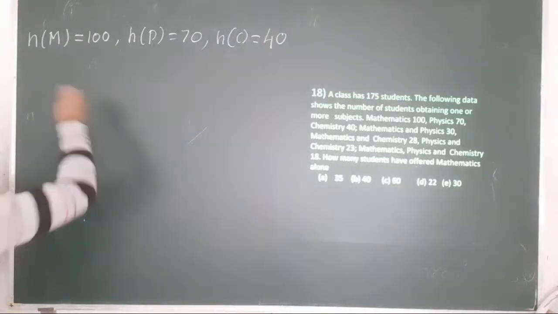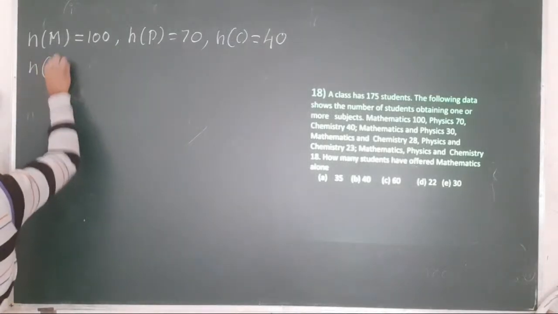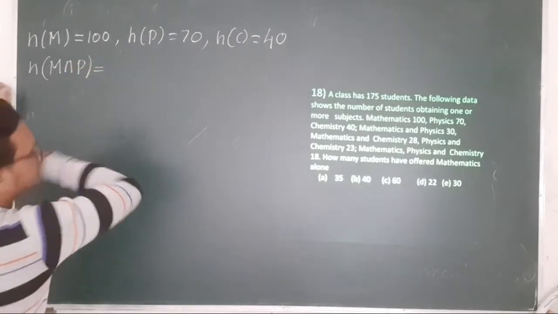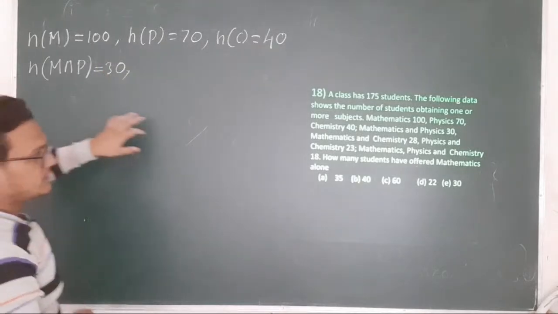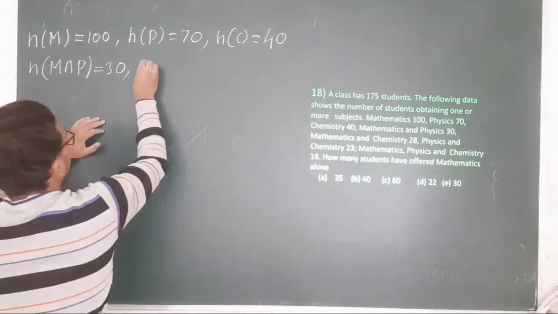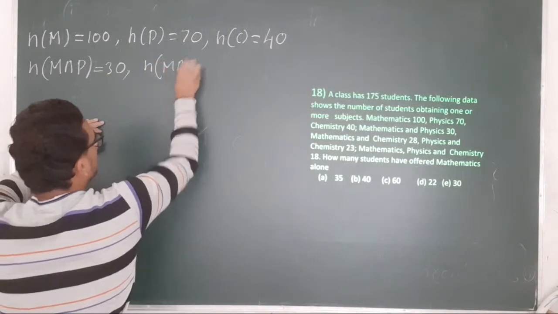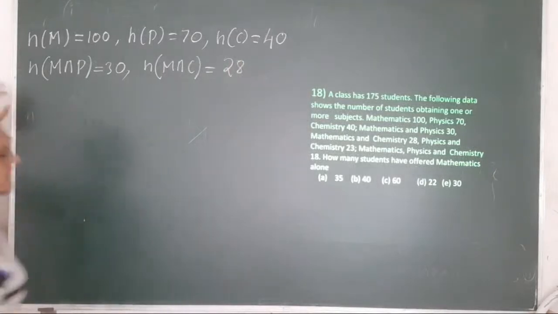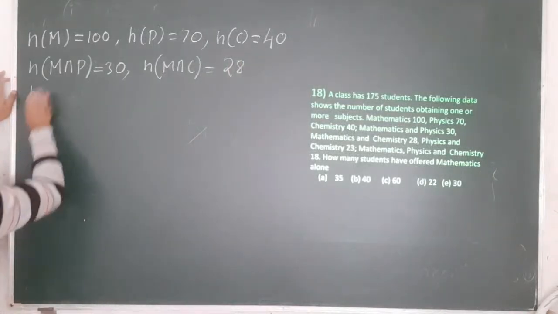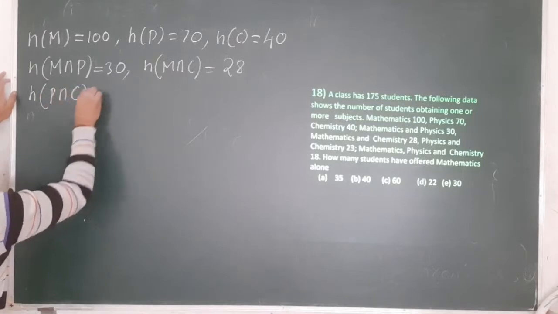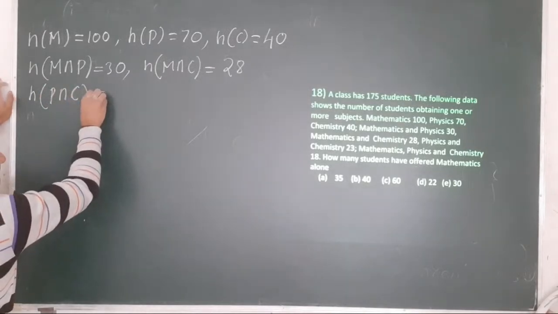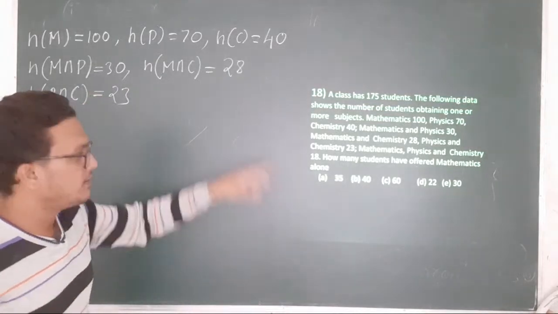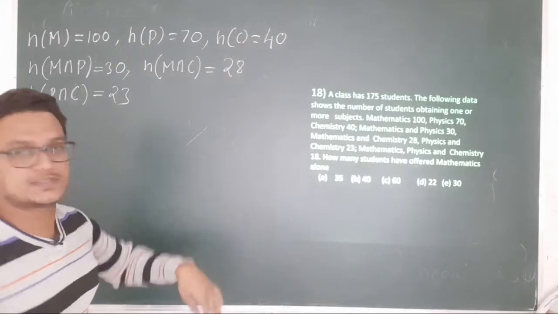Now mathematics and physics, and means intersection, how much is it? 30. Then mathematics and chemistry, 28. Another, physics and chemistry, 23.